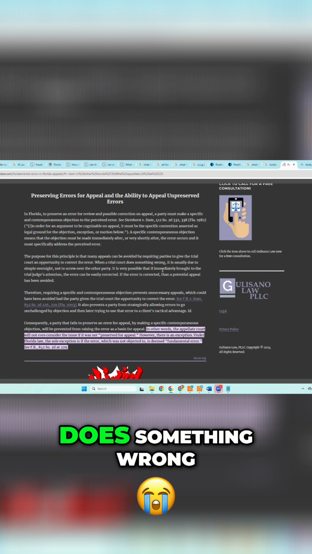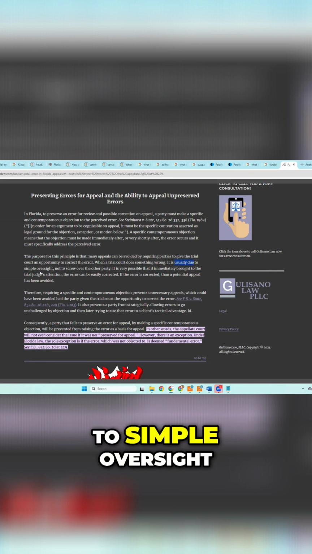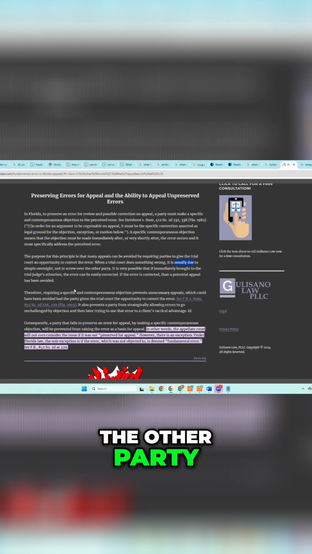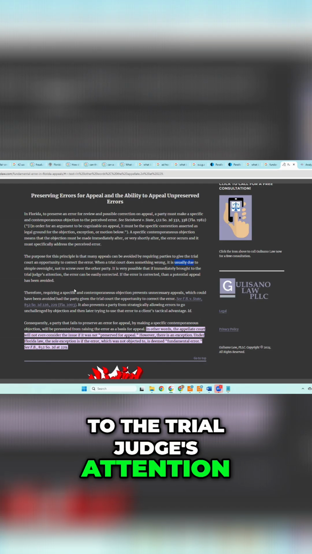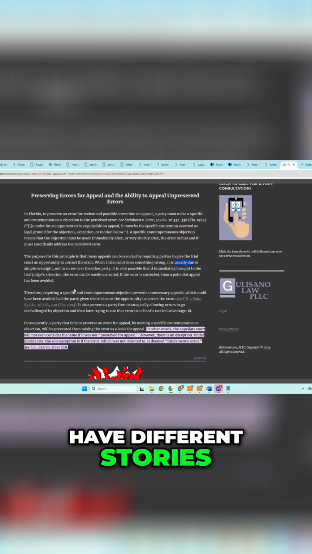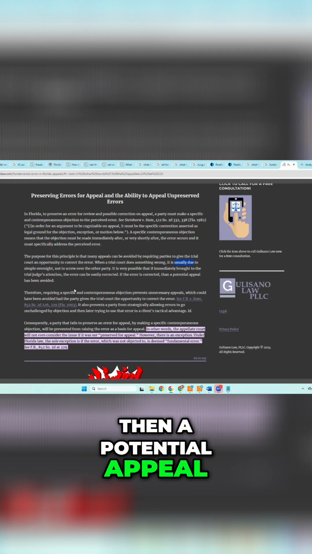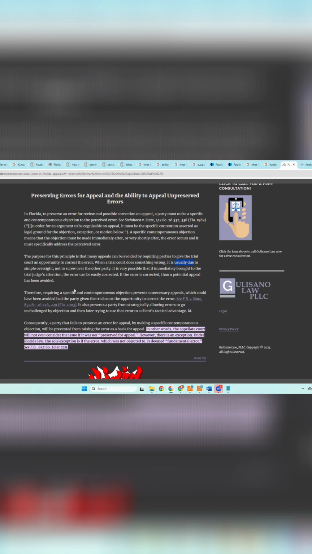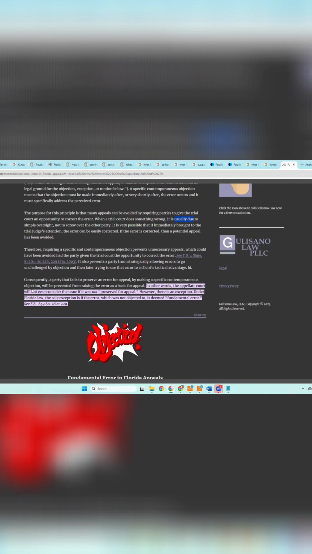It is very possible that if immediately brought to the trial judge's attention, the error can be easily corrected. I know we may have different stories. If the error is corrected, then a potential appeal has been avoided. Now, if the trial court doesn't, okay, then that's another issue.